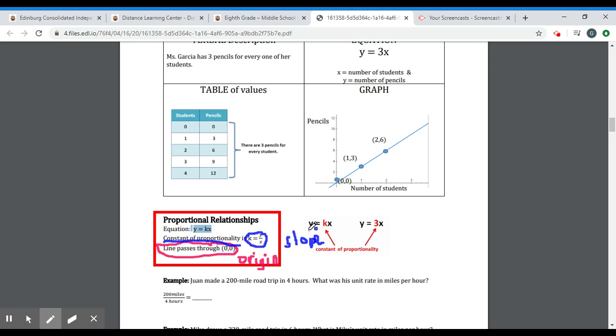Notice that in my equation for a proportional relationship, the k is my constant of proportionality. So whatever constant is attached to my variable is my constant of proportionality, or my slope. In this case, if I had y equals 3x, the 3 is my constant of proportionality, or 3 is my slope.